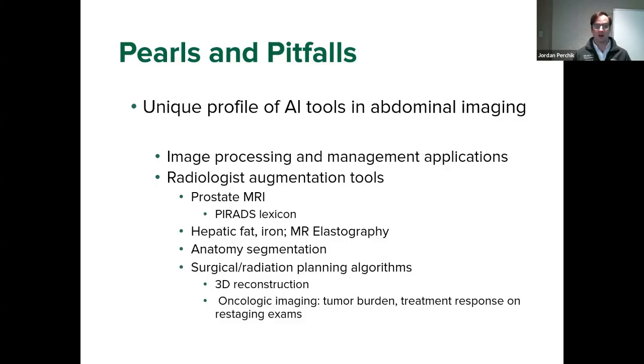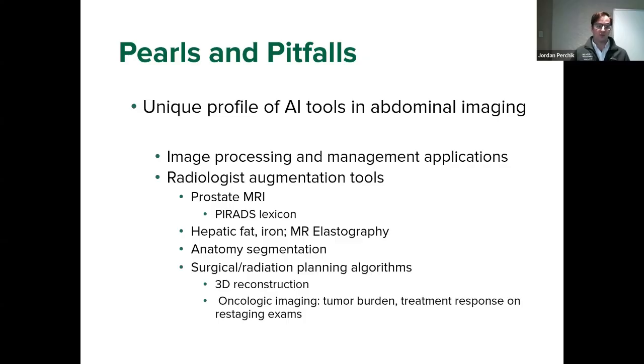So having the prostate MRI PI-RADS lexicon model, we can provide diagnostic support, increased standardization, and increased quality in our reports with some of these AI tools.